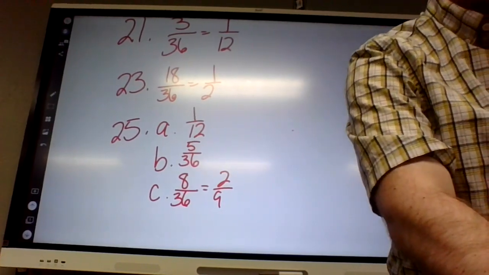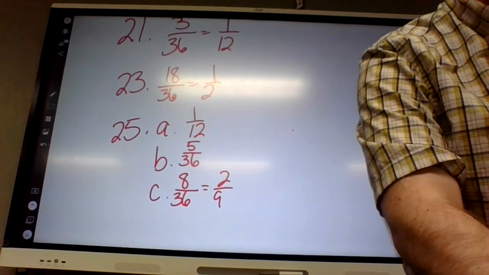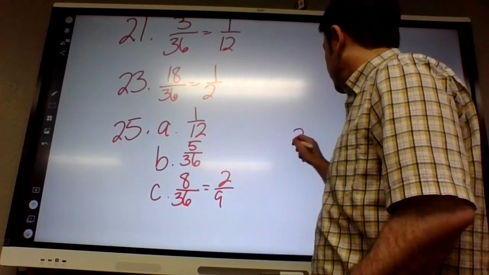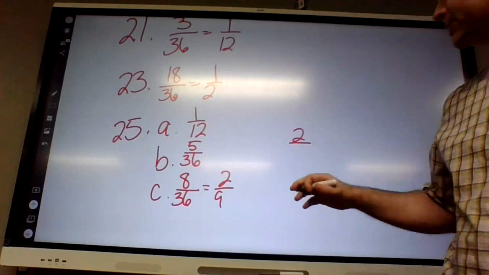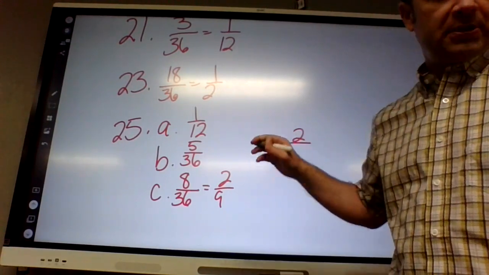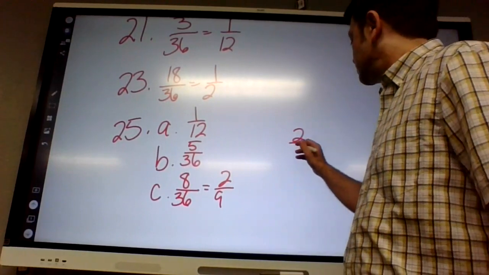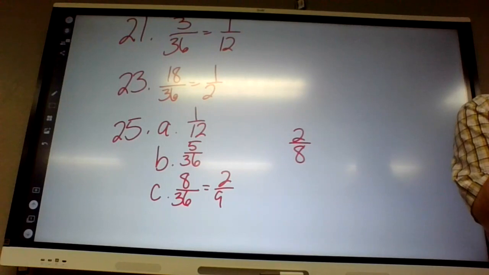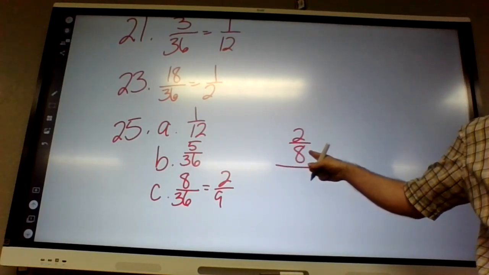How many girls are there? 2. There's a lot more to this one than the other ones. 2 out of 7? Are there 7 or 8? There's 8. 5 sophomore boys, 1 junior boy, and 2 junior girls. Okay, hold on. This is just the probability that the first position will be a girl. 2 out of 8.